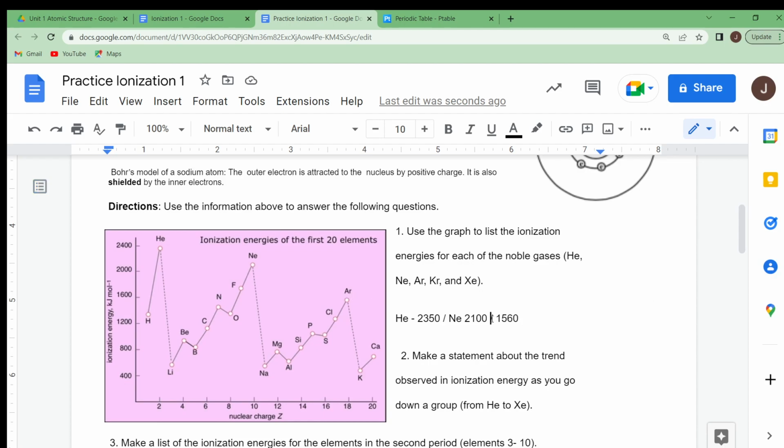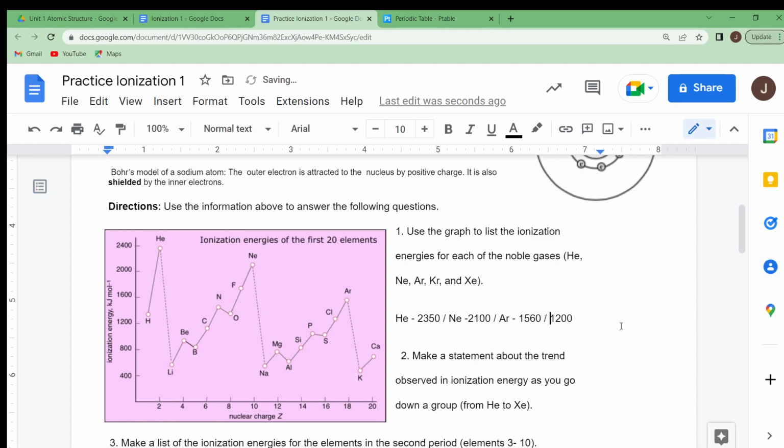And then I noticed something. I noticed that I do not have the next two on here. However, since I already see this trend that all of these elements are slowly going down and they're also at the top of their level, I can probably make a good prediction here. I should be able to predict that our next one would be about right here on the graph, and that's probably going to be about 1200 or so.